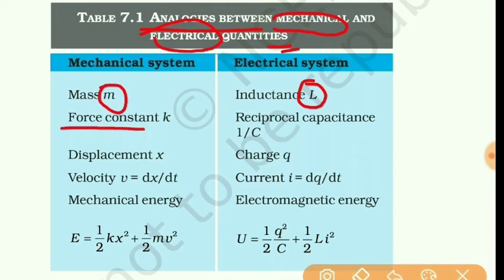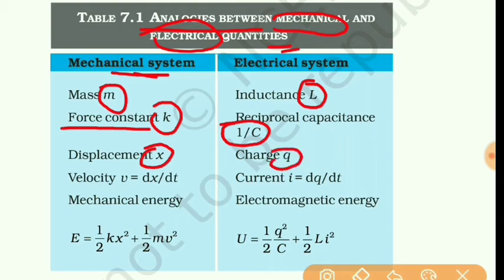The force constant k in mechanical system is similar to that of 1 upon C in electric system. In mechanical system, there is displacement, and in electric system, there is charge Q. In mechanical system, velocity v is dx by dt, which is similar to current I, which is equal to dq by dt in electric system.